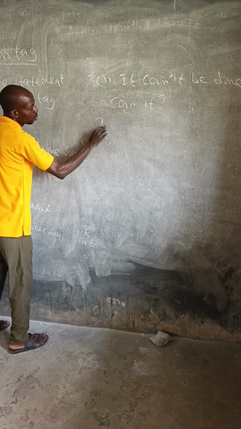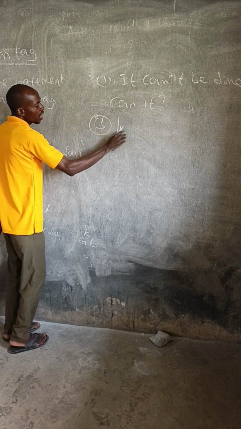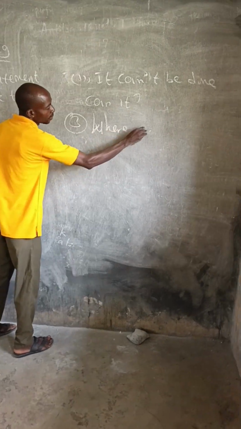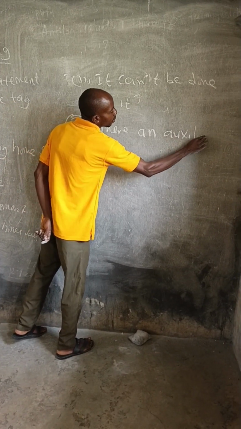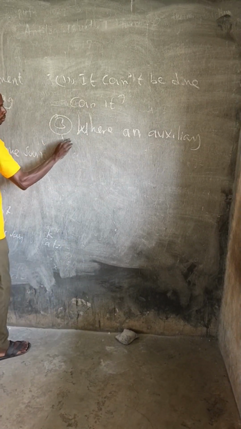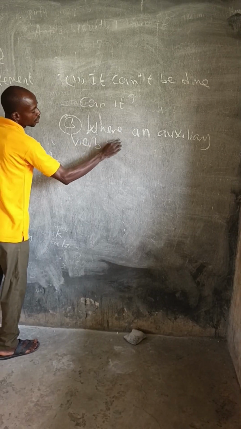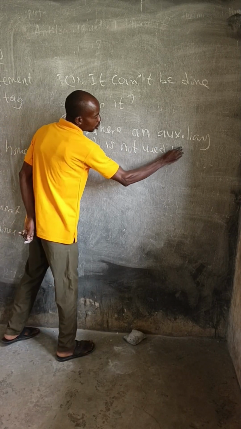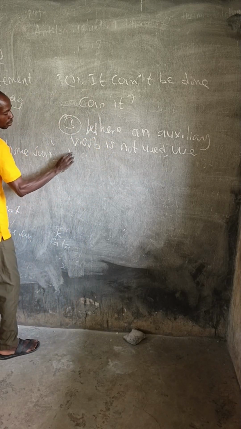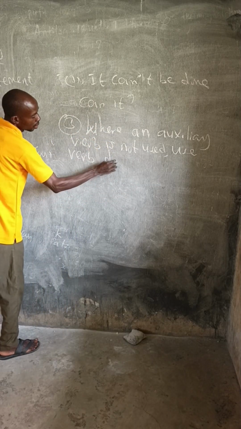So the third principle is what we call where an auxiliary verb is not used, use verb "do." Use verb "do."